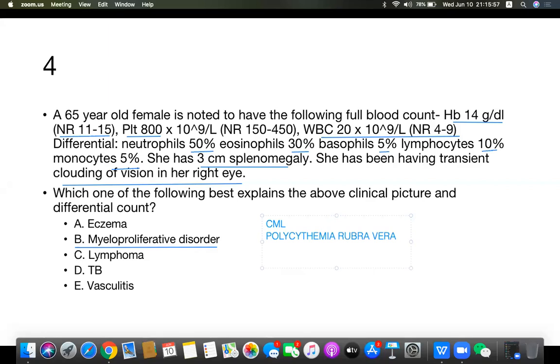The third one is myelofibrosis with myeloid metaplasia. Some textbooks even mention it like that. And the last one is called essential thrombocythemia. Sorry, it's one L I missed. These are the four types of myeloproliferative disorder, but this most likely looks like CML.